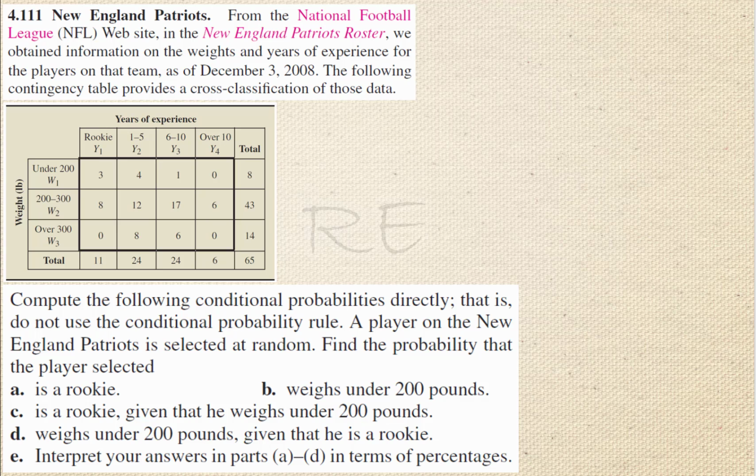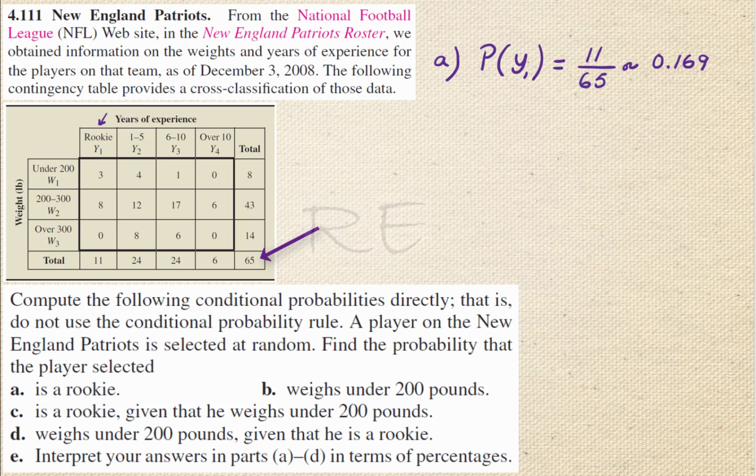For 4.111, we are going to calculate the unconditional probability that a player selected is a rookie, and rookie is symbolized by Y1. So P(Y1) will be equal to the total number of rookies, which is 11, divided by the total number of players, which is 65.